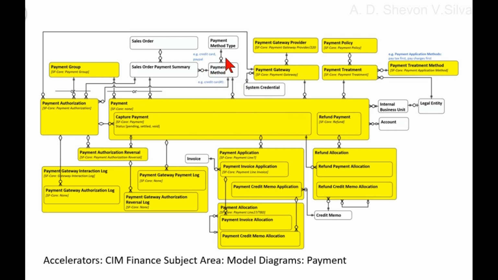And here the payment method has one and only one payment type, for example credit card, PayPal. Payment type has zero or more payment methods.